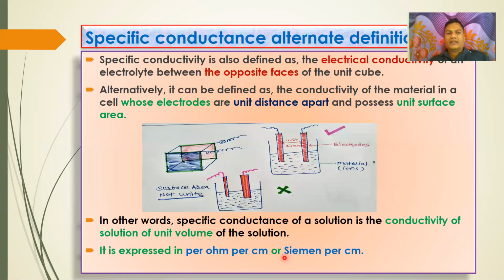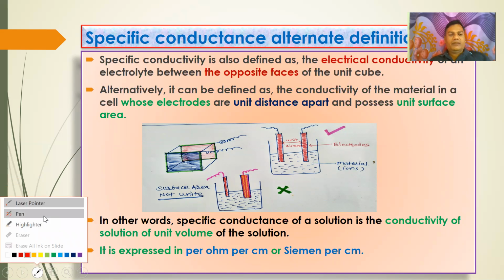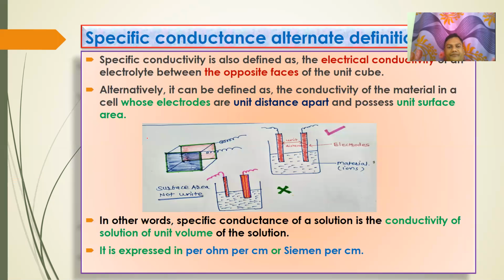Now in the next slide you can see the alternate definition for specific conductance. Specific conductivity is also defined as the electrical conductivity of the electrolyte between the opposite faces of a unit cube. If you look here, there is a diagram for the unit cube. I will show it with the help of the pen. This one is the unit cube.